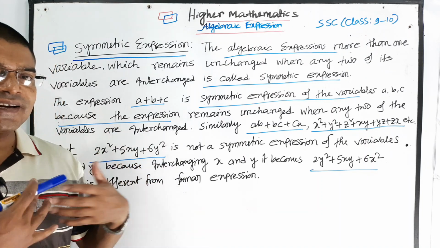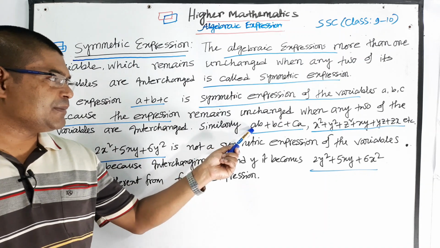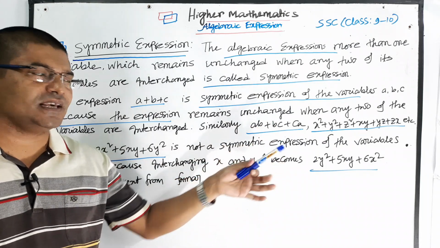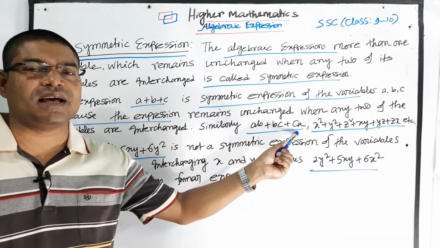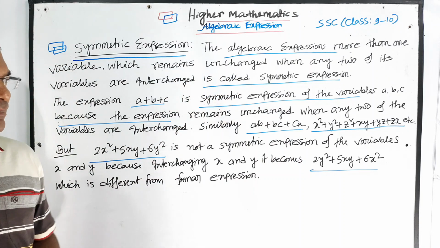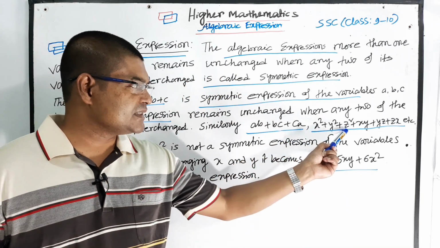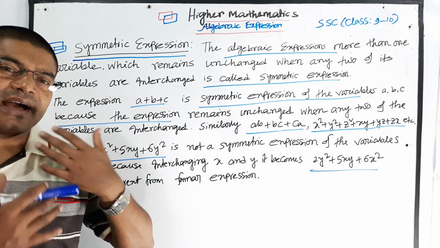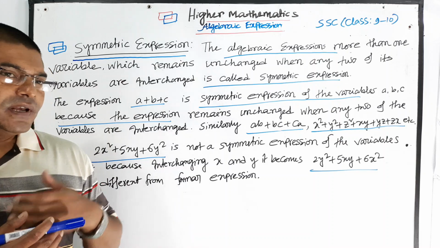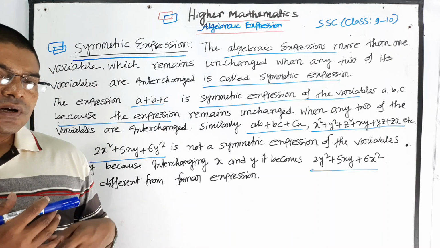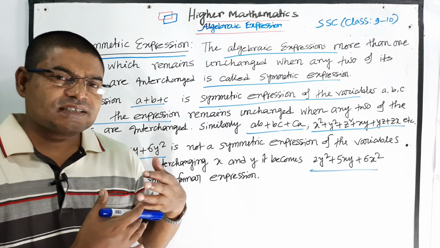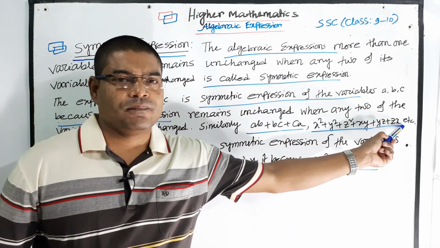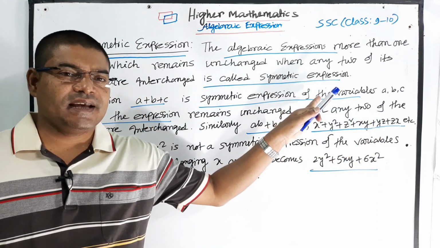Here is ab, replacing a by b and b by a, we will get again ab plus bc plus ca. Another example, x square plus y square plus z square plus xy plus yz plus zx. If we change x by y and y by x, only these two, we will get again this. So this is a symmetric expression.